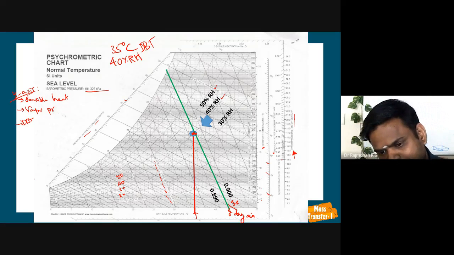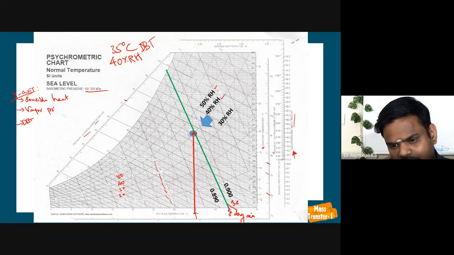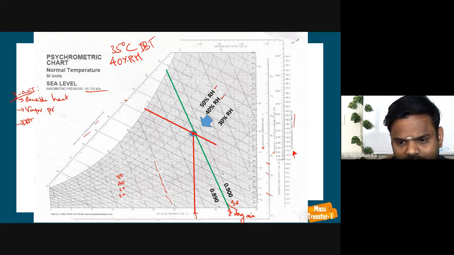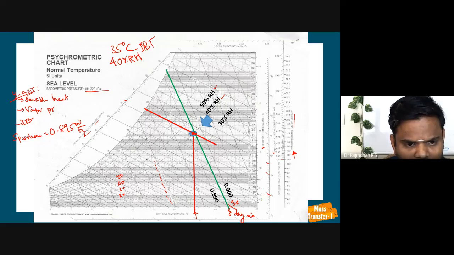This line is 0.89, this line is 0.9, and this point is in between these two lines, so you can say 0.895 as the specific volume. So we have specific volume equal to 0.895 meter cube per kg dry air.